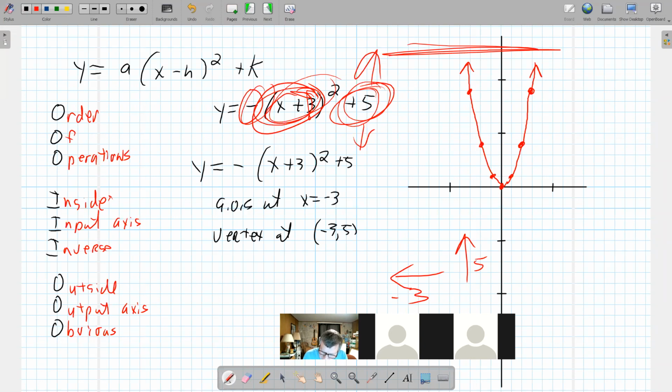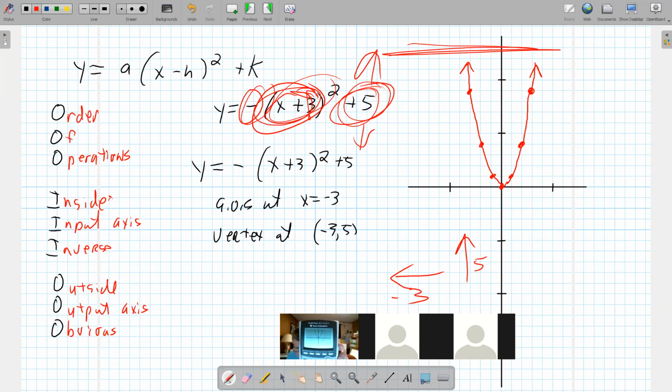So if we take this graph, let me do it this way, just to save some time here. Can you see that graph?